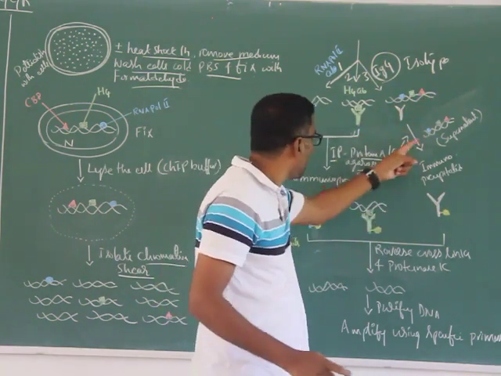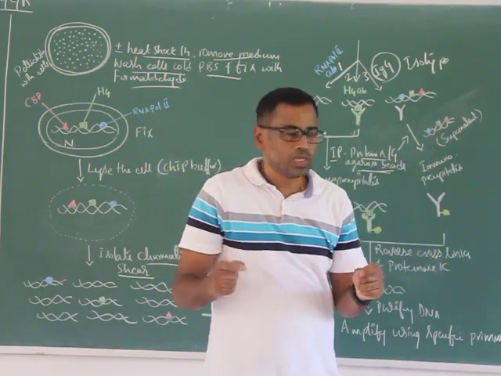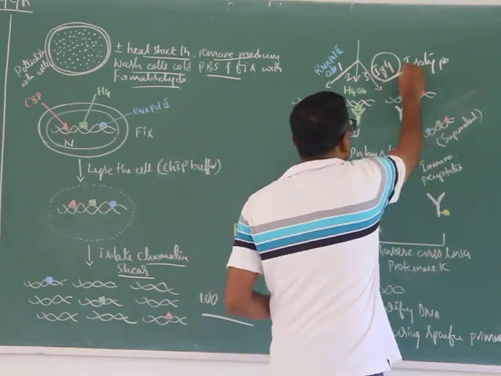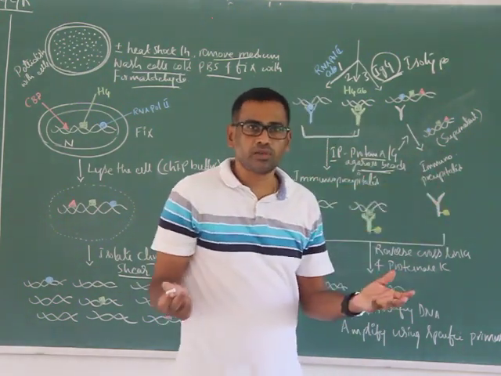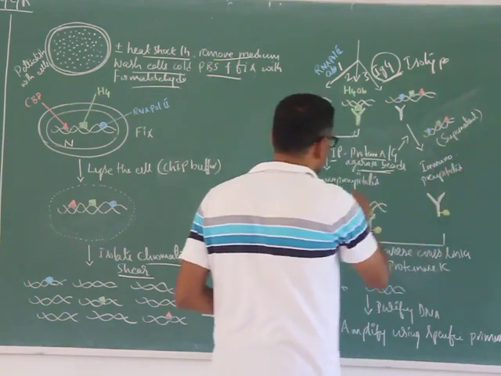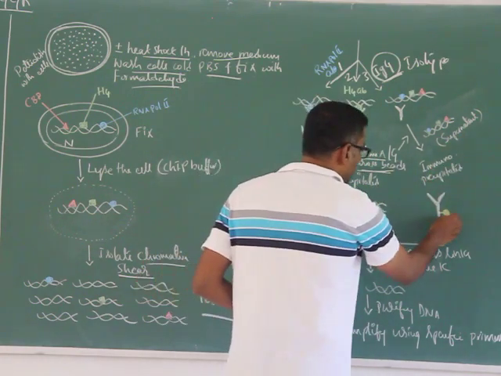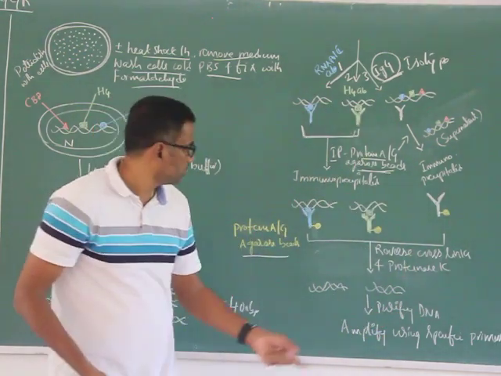I just represented all three: CBP, RNA polymerase II and H4. Even when you use protein G or protein A agarose beads that bind to IgG only, still you can pull down.